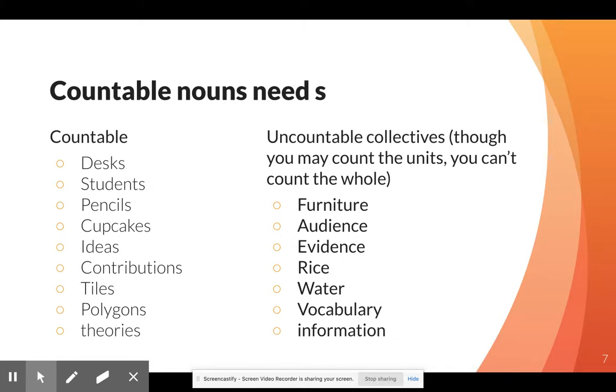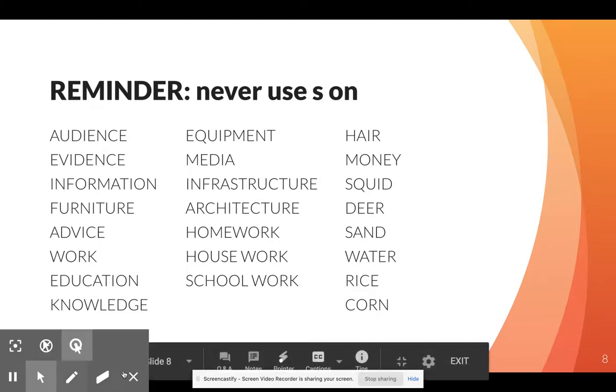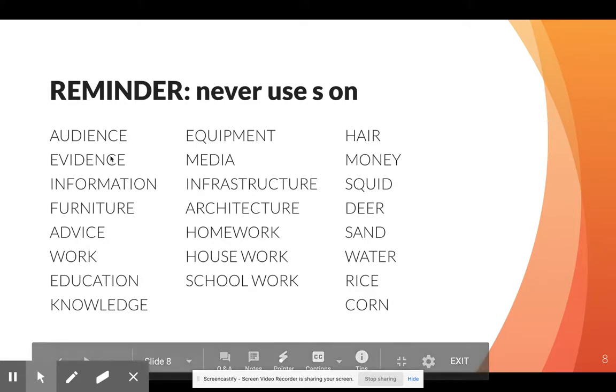So to wrap up, please take this reminder. These words never have S on the end to make them plural. They are collective groups referred to like this. So the most common mistakes are with the words in this left-hand column. Audience, not audiences.